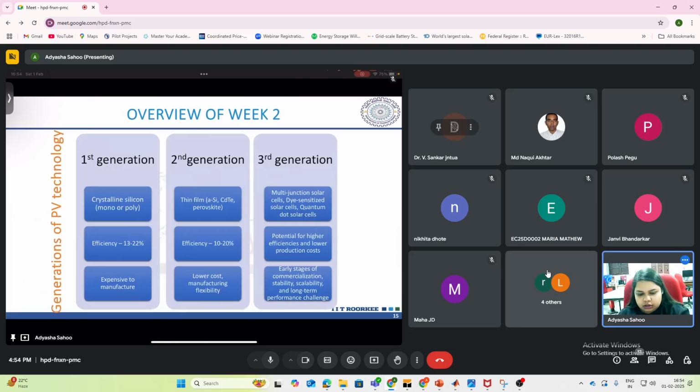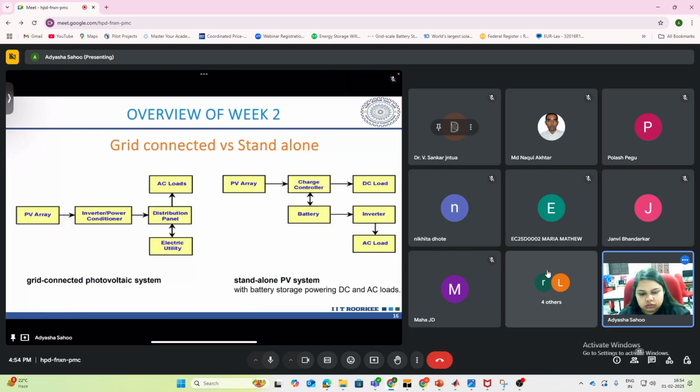For a grid connected system, it is simple. Here you have the PV, and this PV is injecting DC power, and then you have an inverter which is converting this PDC to PAC, and then it is injecting it into the distribution system to the loads.